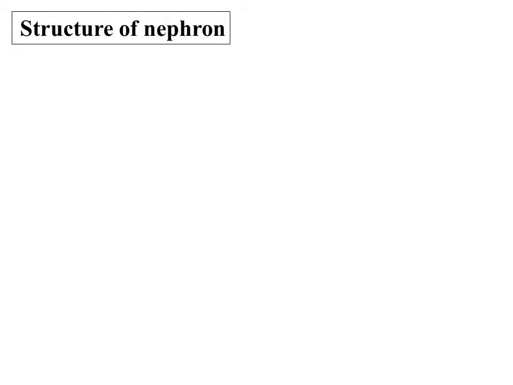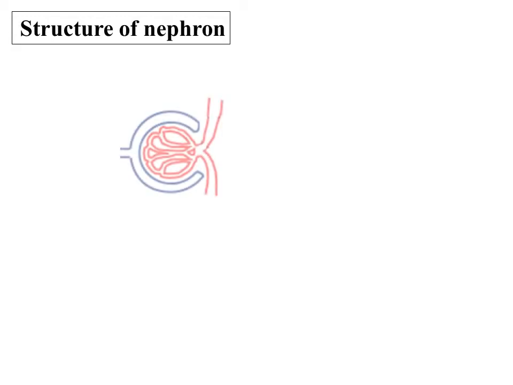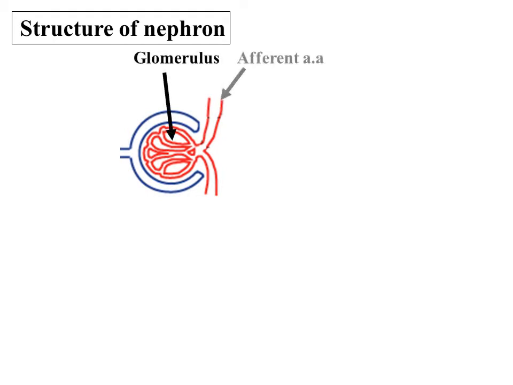So we must know the structure of the nephron. The nephron consists of two parts, the renal corpuscle and the renal tubules. The renal corpuscle consists of the glomerulus and the Bowman capsule.